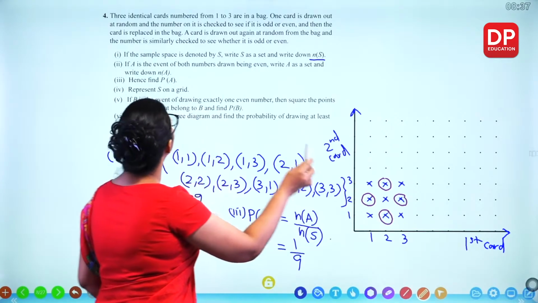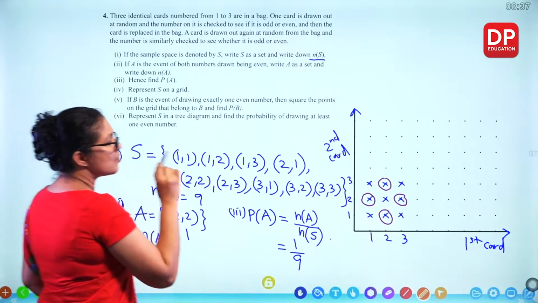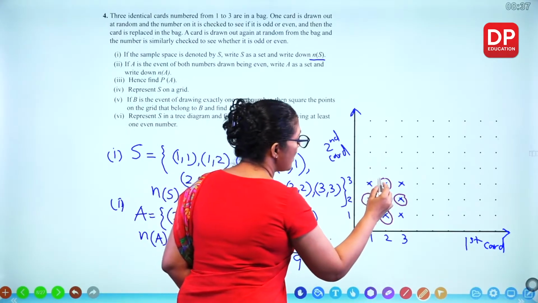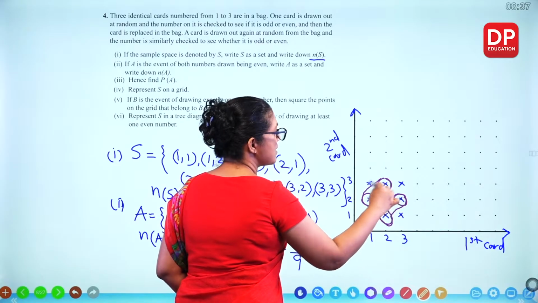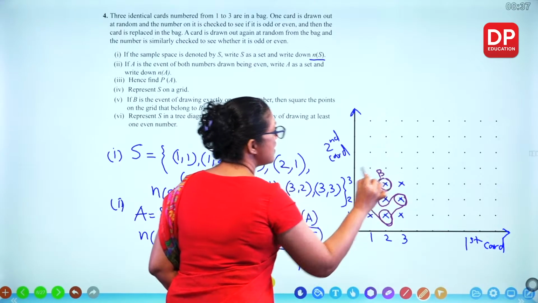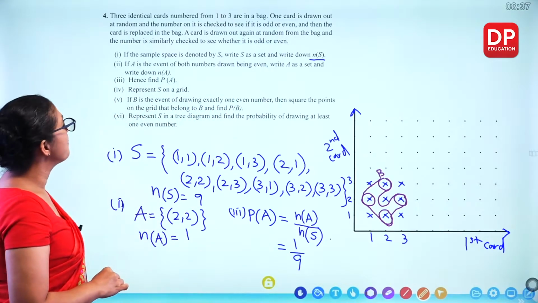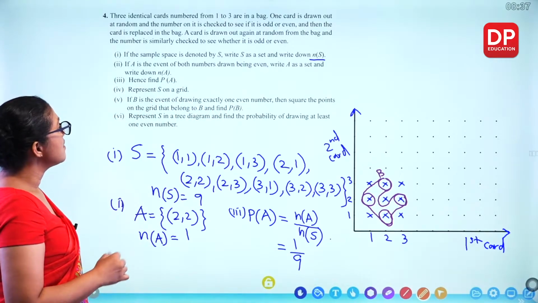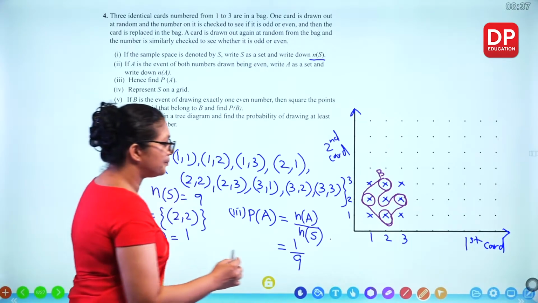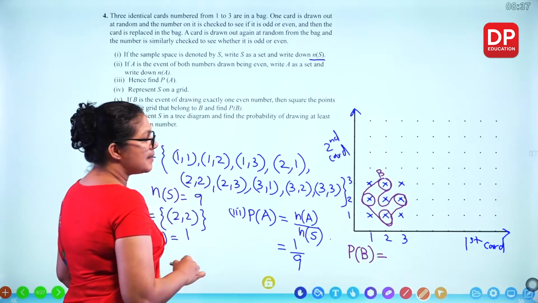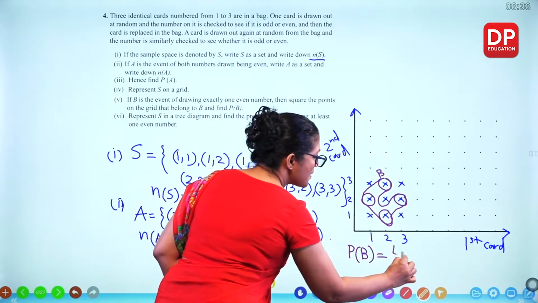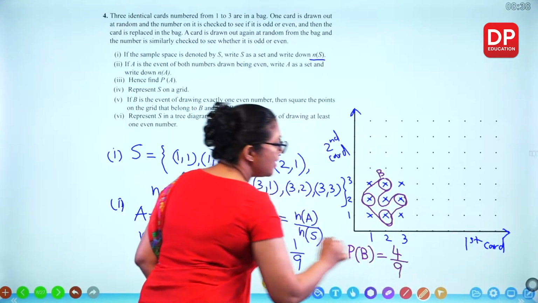So that's B. I can circle this as B, including all these. Everything together is the set B. And find out probability of B. Probability of B is 4 outcomes out of 9.